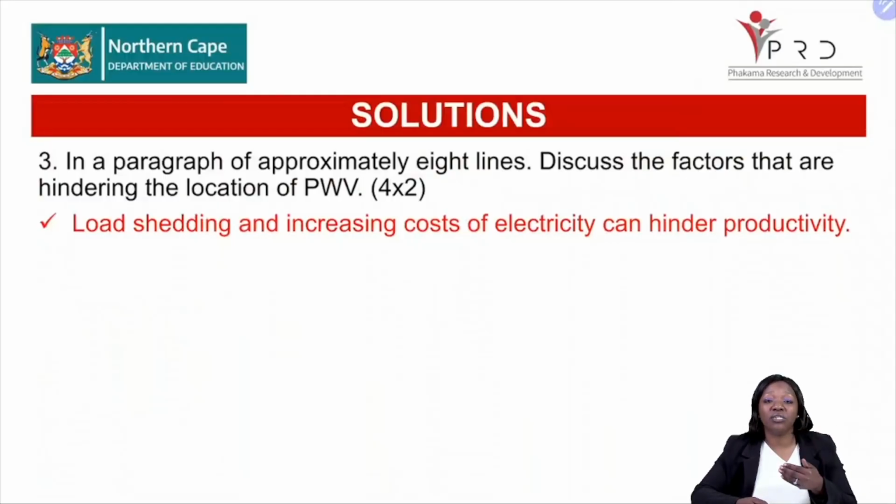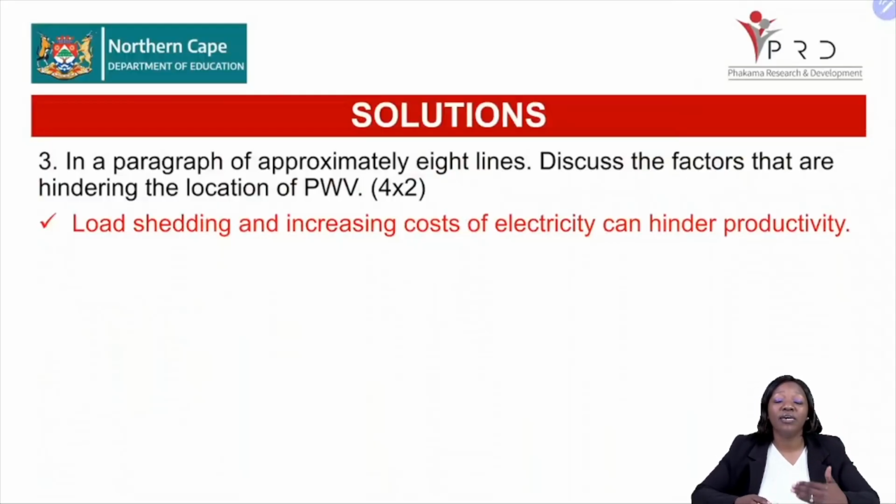For those industries that cannot afford generators, and even those companies who can afford generators, that money is also pulling out on their profit. So it becomes a hindering factor when it comes to production, because they are supposed to wait until the electricity is back, or spend more on generators. Remember, generators run on diesel. So they are supposed to buy a generator, and they are supposed to buy diesel.